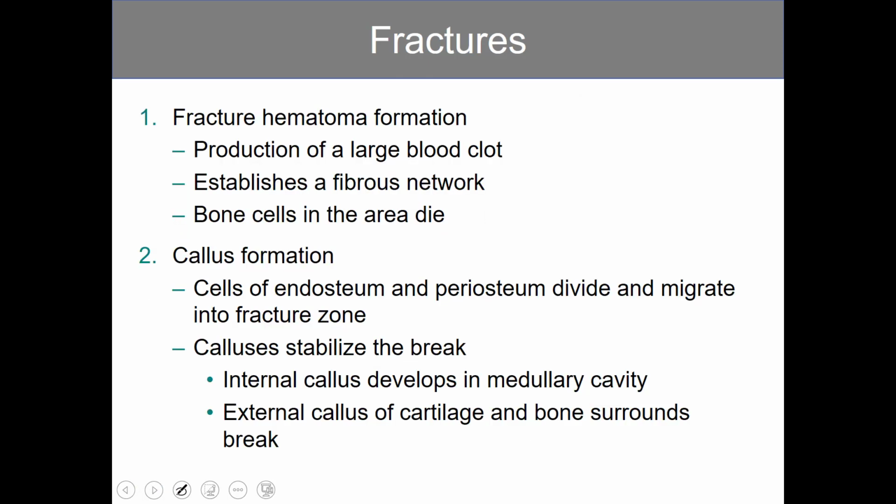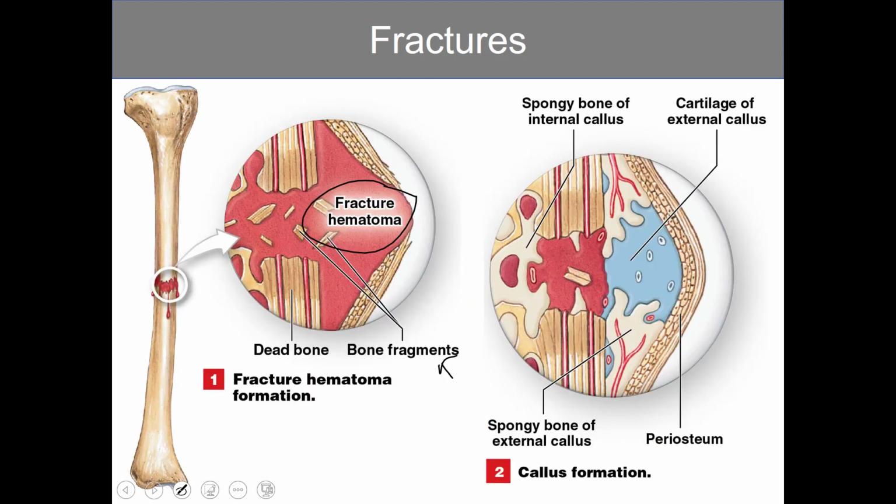The second step is callus formation. Cells of the endosteum and the periosteum divide, and they're going to migrate into that fracture zone and form the callus. The callus is going to stabilize the break, and we have 2 calluses. The internal callus is going to develop within the medullary cavity of the diaphysis, while the external callus of cartilage and bone is going to surround the outside of the break.